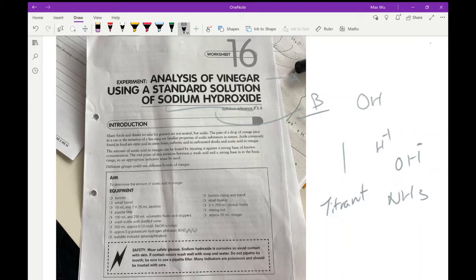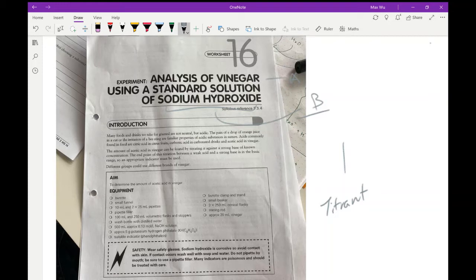Does it donate or does it accept the hydrogen? And nowadays we typically either use that one, which is the Bronsted-Lowry definition, or we would use the Lewis definition, which is simply, does it accept or donate a pair of electrons, right? So, just be aware of what a titrant is.